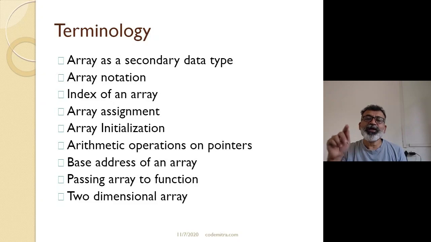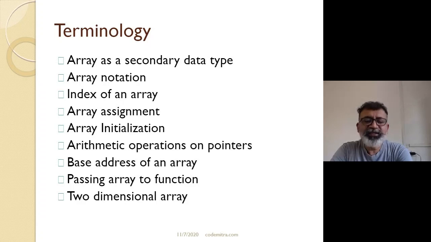If you declare pointer p, the compiler will not come to know whether you will store the address of an integer, a float, or a character. That's why pointer has been derived from the basic or primary data types. Similarly, array. There is no array as a keyword, right? So that is array notation.